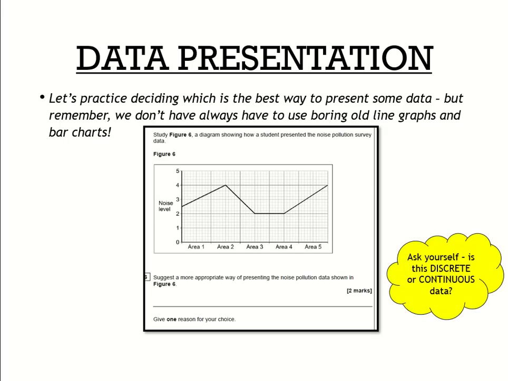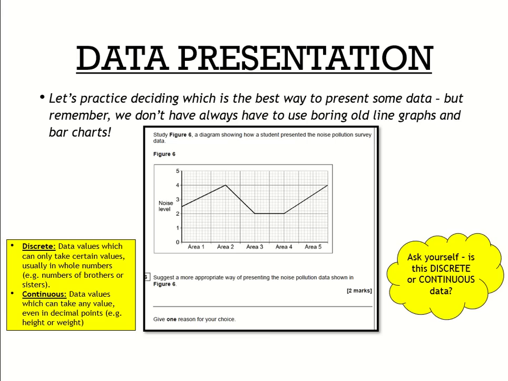Now, when it comes to the questions on these exams, it's going to give you some graphs or charts or ways that students have presented their data. And the first thing we need to ask ourselves is, is the data discrete or is it continuous? Discrete data is data values that are only in certain groups or values.